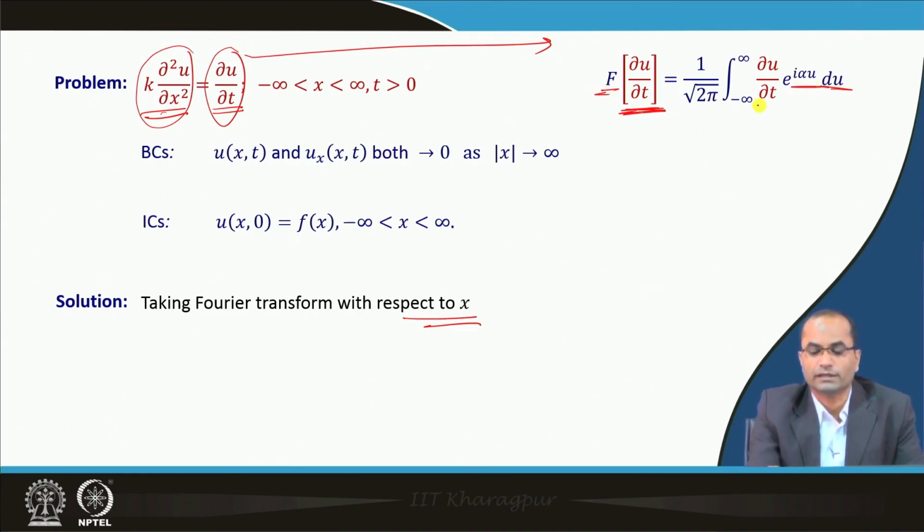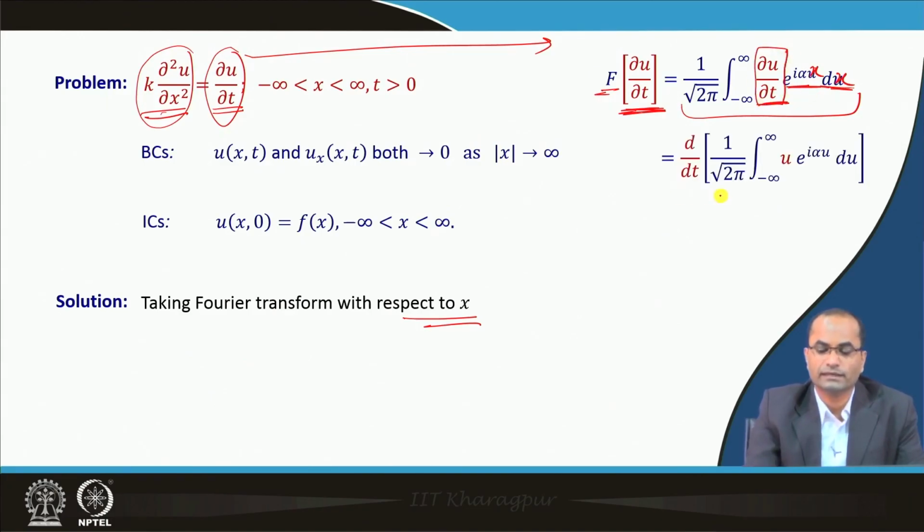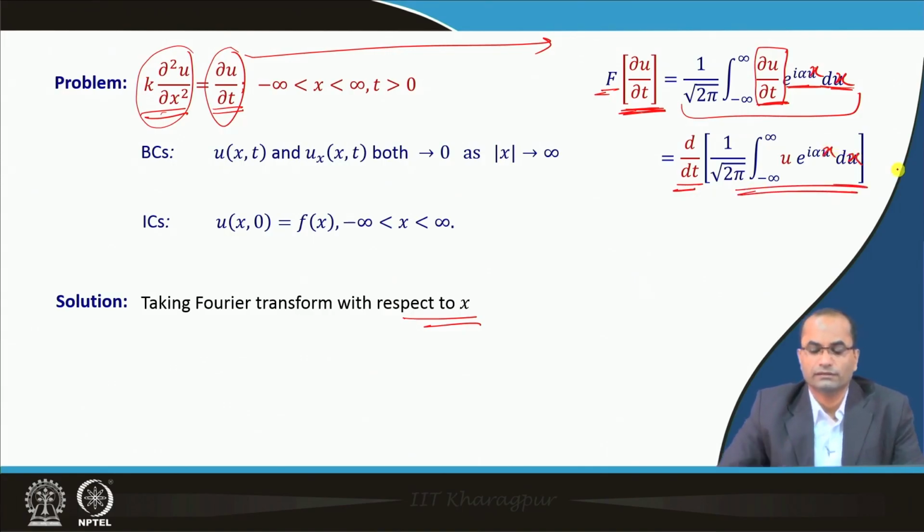Applying the definition to del u over del t, with e to the power i alpha x and dx, we can bring the derivative out, and the remaining integral is the Fourier transform of u.